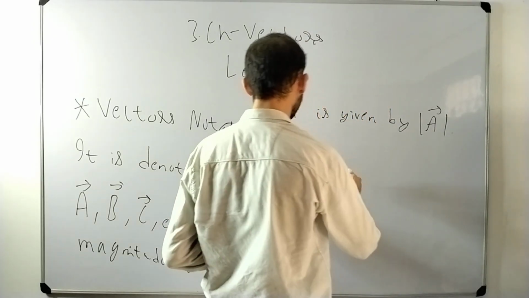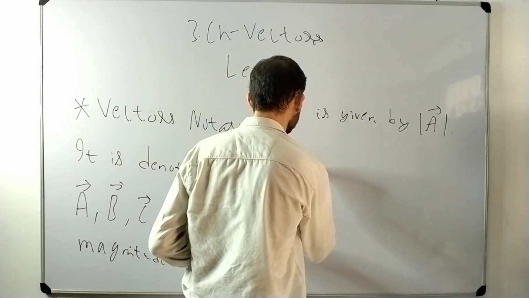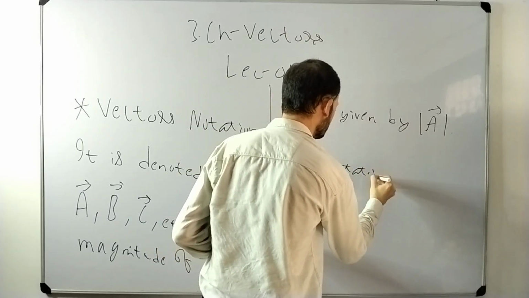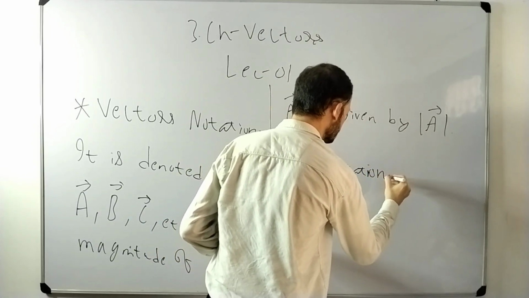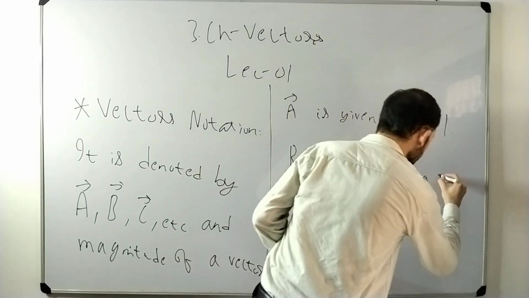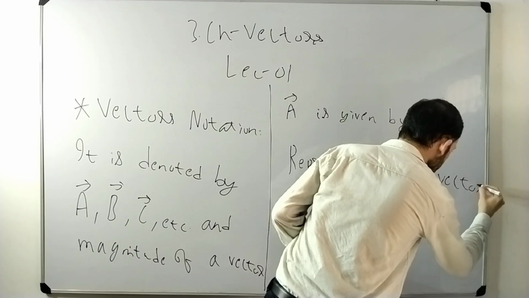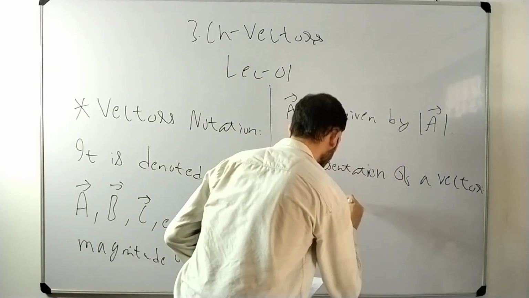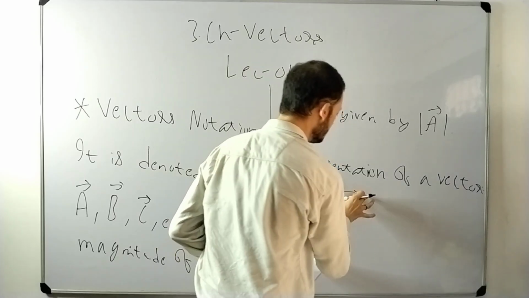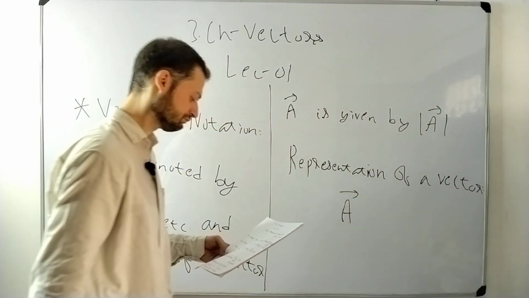Second, representation of a vector. How is a vector represented? Vector A is denoted by an arrow overhead.